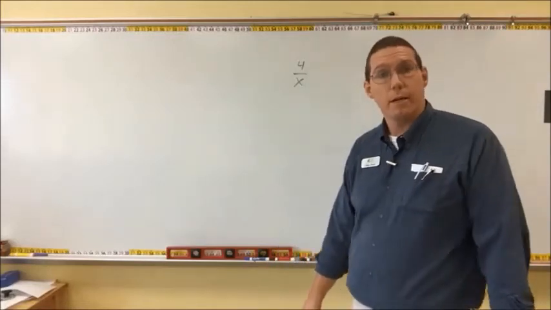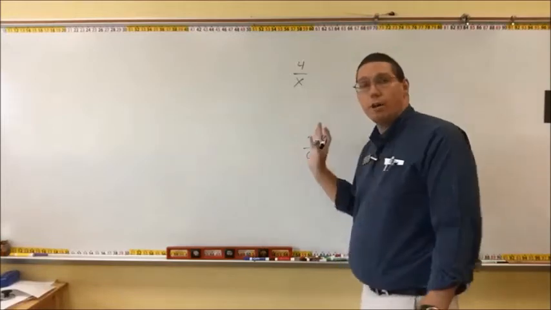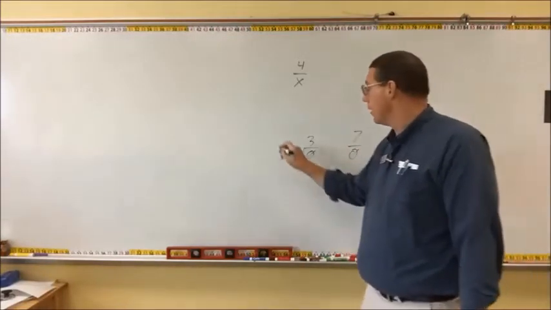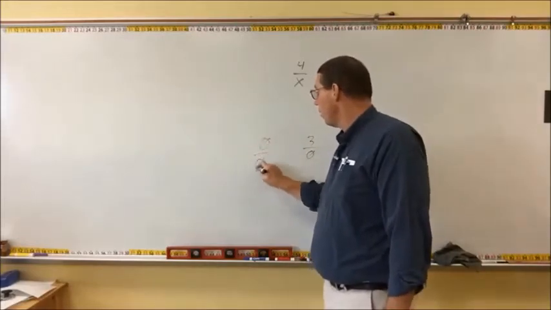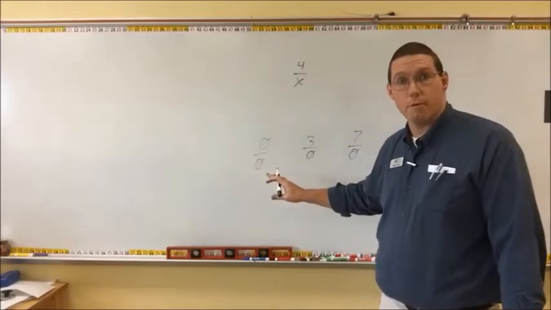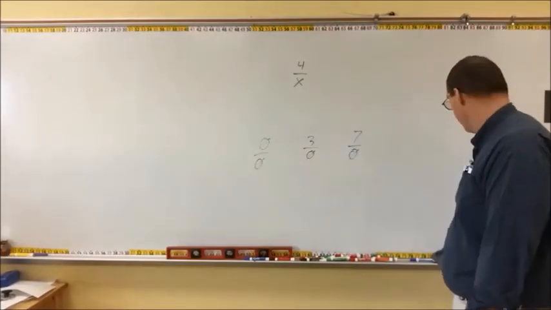You can't do it. 3 divided by 0, undefined. 7 divided by 0, undefined. 0 divided by 0, don't even get me started. Indeterminate form, we're not even going to talk about 0 over 0 in a pre-calculus class. You can save that for a calculus class, okay?